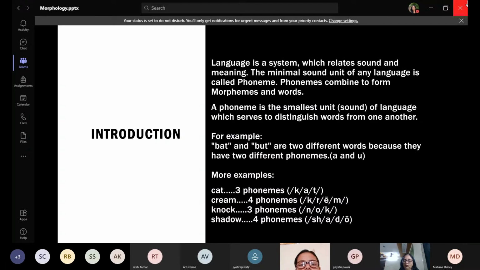So a word is composed of phonemes. Now these phonemes combine to form what? Morphemes and words. Cat is one morpheme, one word. But cats is two morphemes, one word. It becomes clear as we go further.